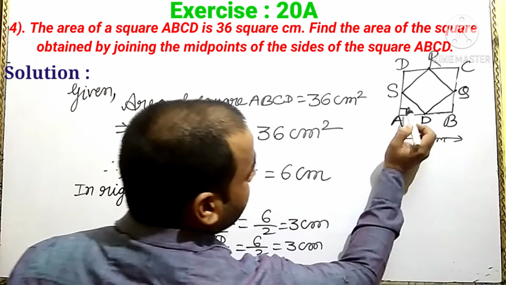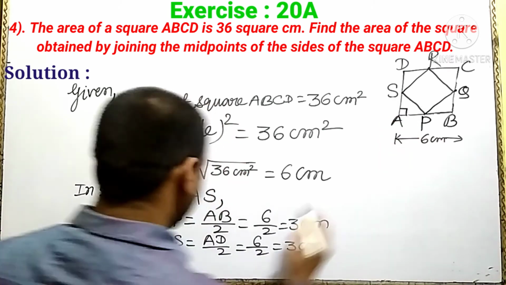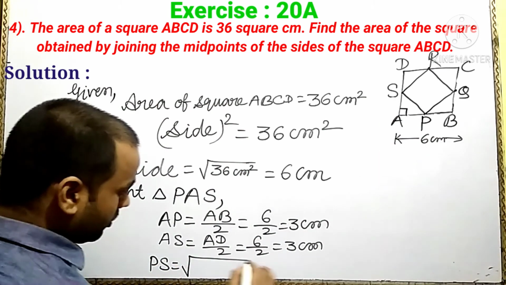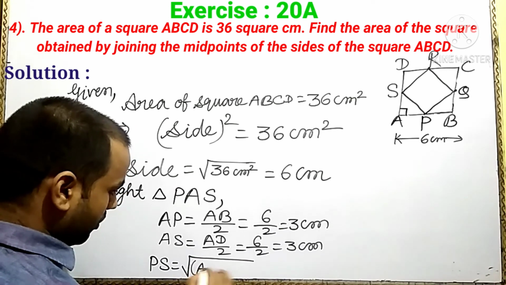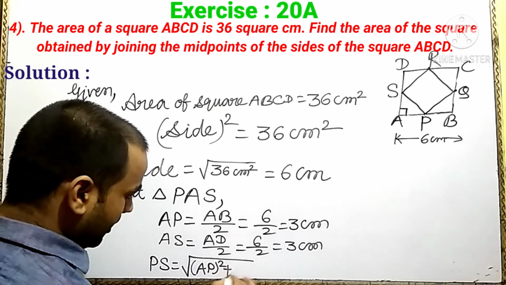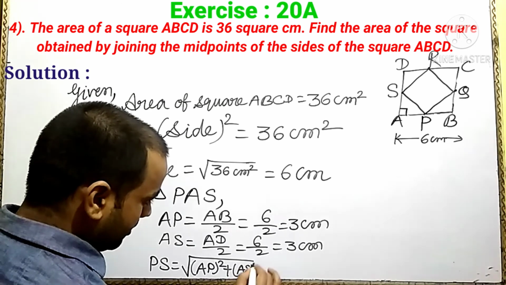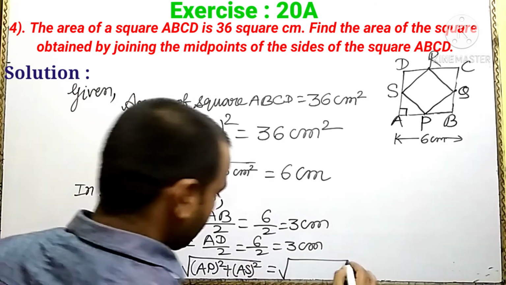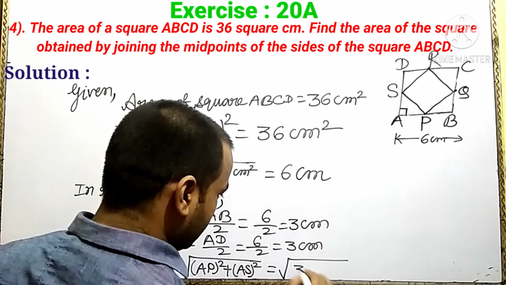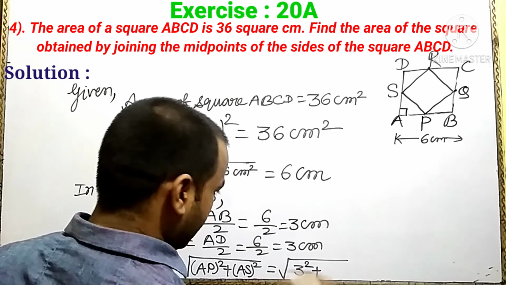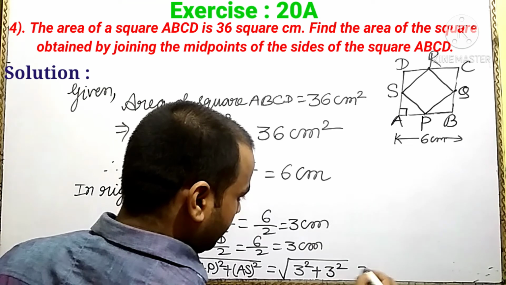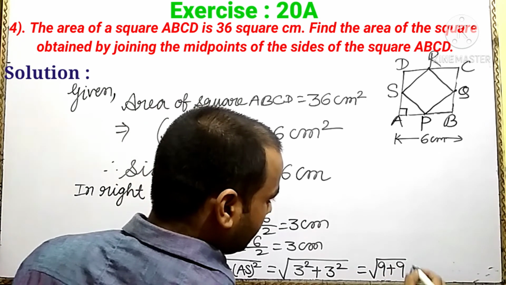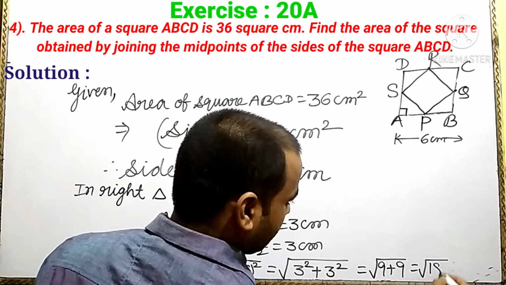In right triangle, PS is the hypotenuse. PS is equal to square root of AP square plus AS square by Pythagoras theorem. Square root of 3 square plus 3 square. 3 square 9, 3 square 9, 9 plus 9 is 18.